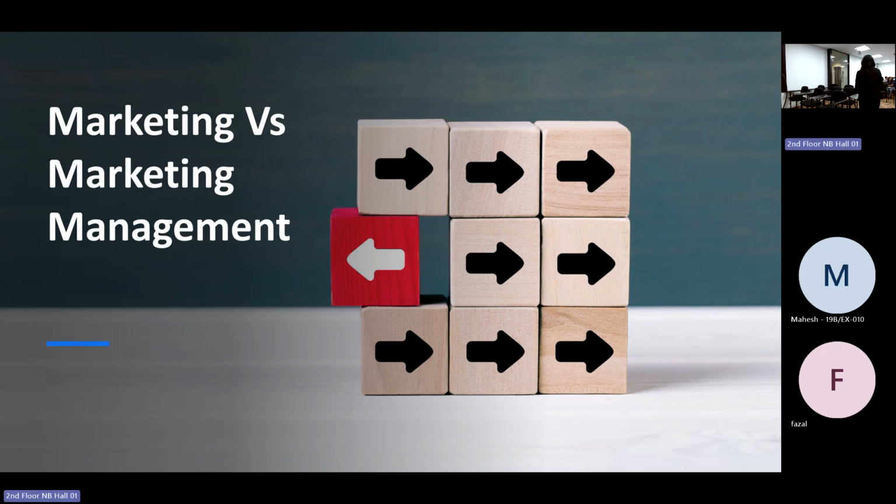Right, here write down: marketing is all the activities and strategies conducted to satisfy consumer needs.